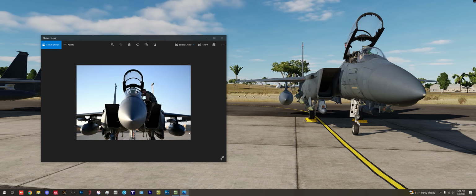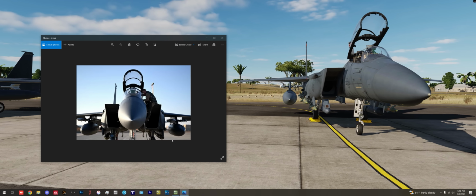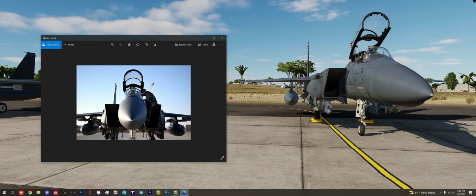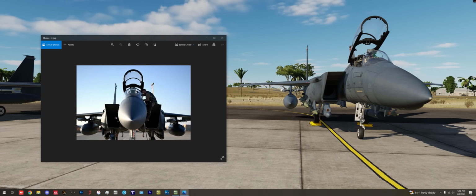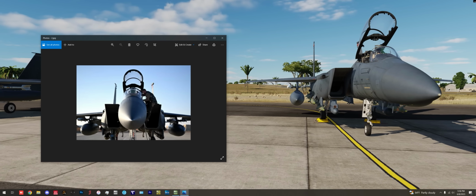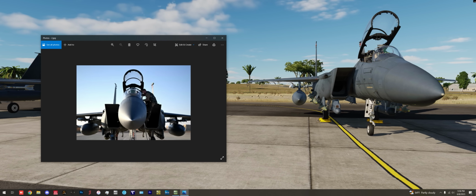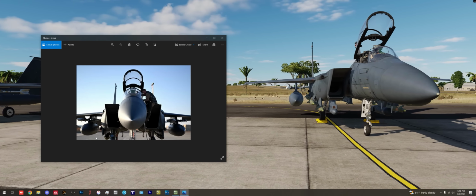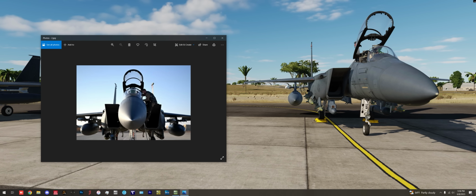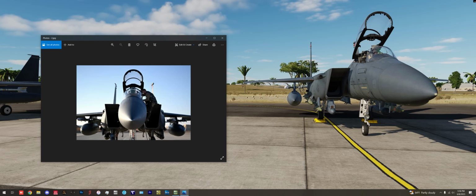So the weapon lifter truck had plenty of room to lift the AIM-120 up there for the ground crew to then attach the missile to that inner rail. It may have been that the external fuel tank was already attached to Station 8 here, and so they didn't want to try and kind of jigsaw puzzle the lifter truck in there to get the AIM-120 on the inner station on this side of the aircraft.